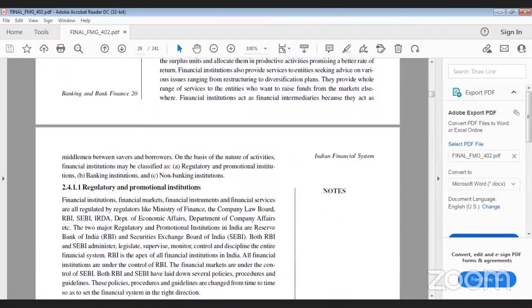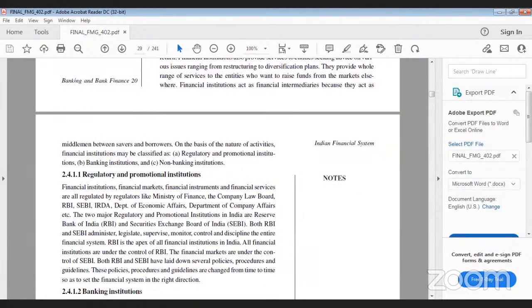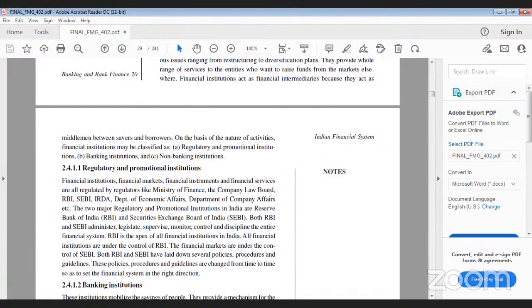The financial institutions, financial markets, and financial services are all regulated by bodies like the Ministry of Finance, the Company Law Board, RBI, SEBI, IRDA, the Department of Economic Affairs, the Department of Company Affairs, etc. The two major regulatory and promotional institutions in India are the Reserve Bank of India and the Securities Exchange Board of India.